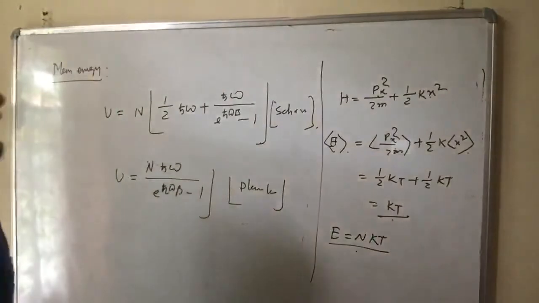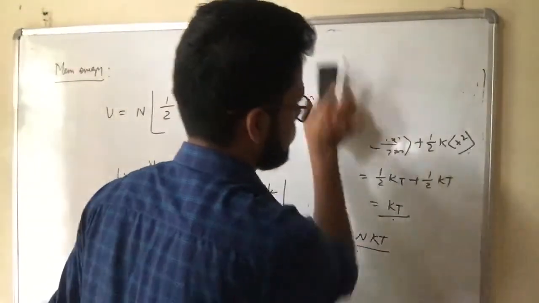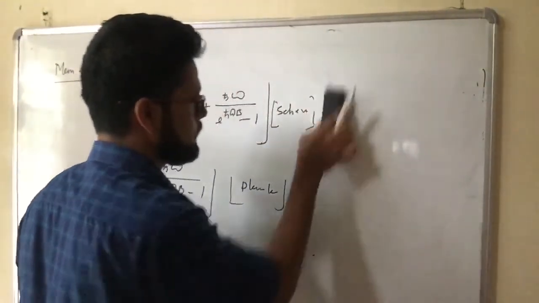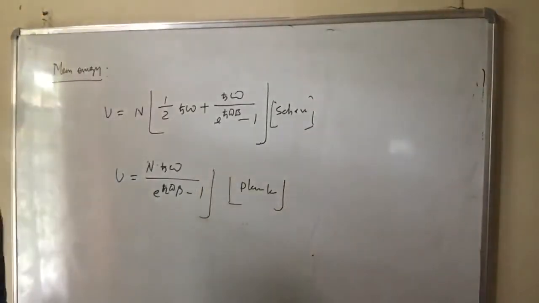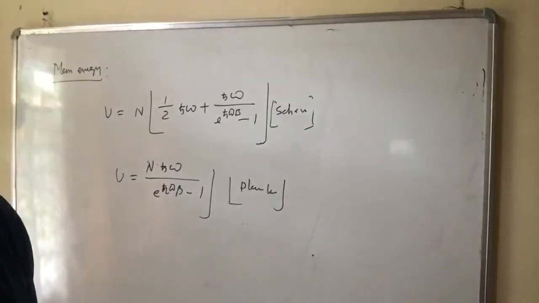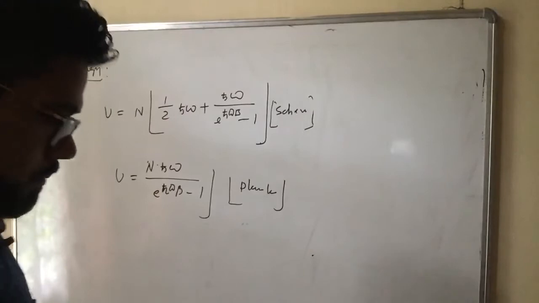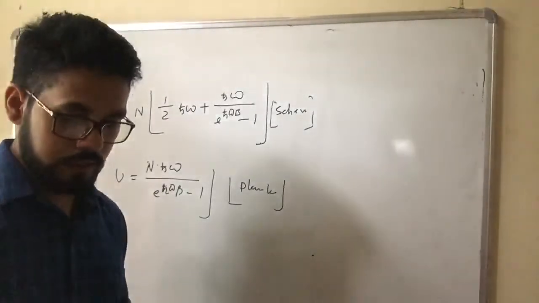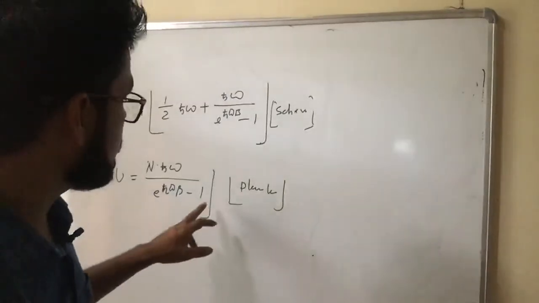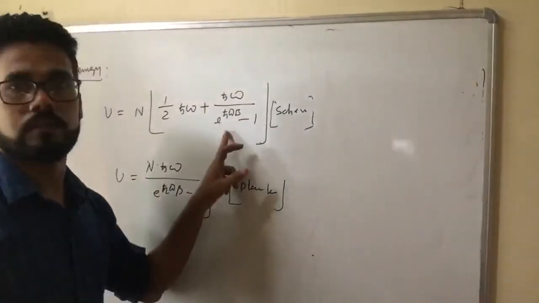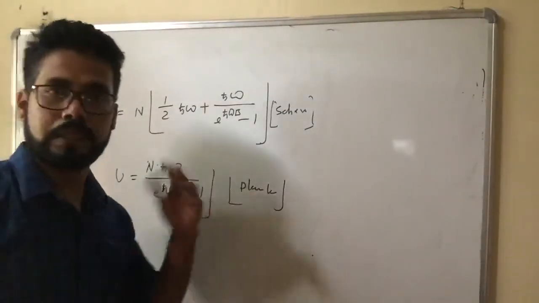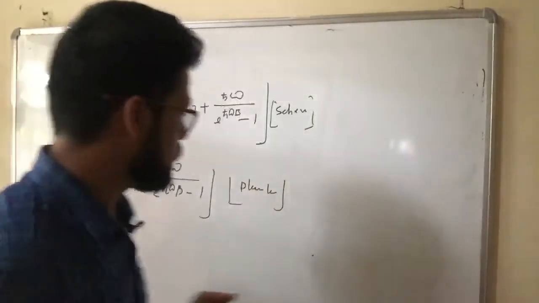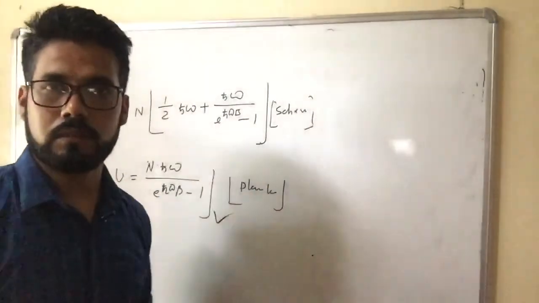This is the mean energy, so you can calculate the mean energy this way also. I have already given you the mean energy calculation. This theory covers the Planck oscillator and the Schrödinger oscillator. In Einstein and Debye theory, they have used the Planck oscillator.